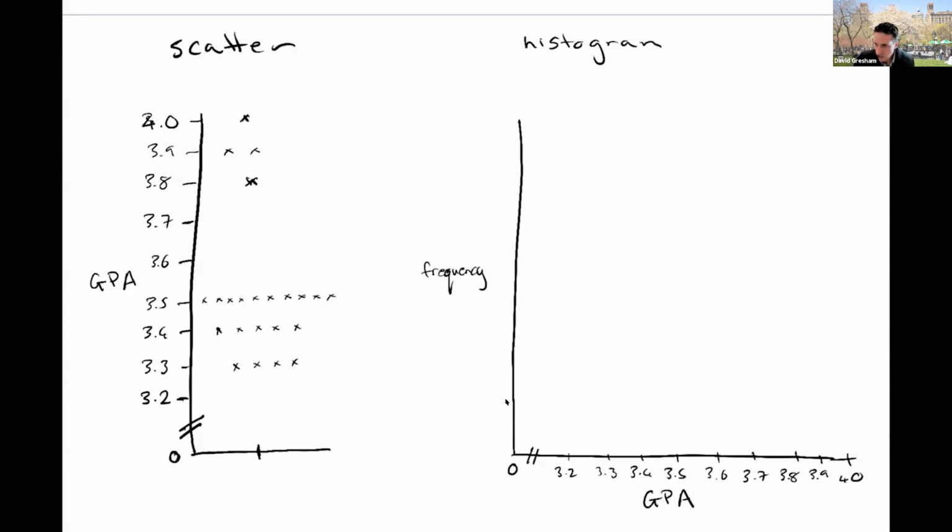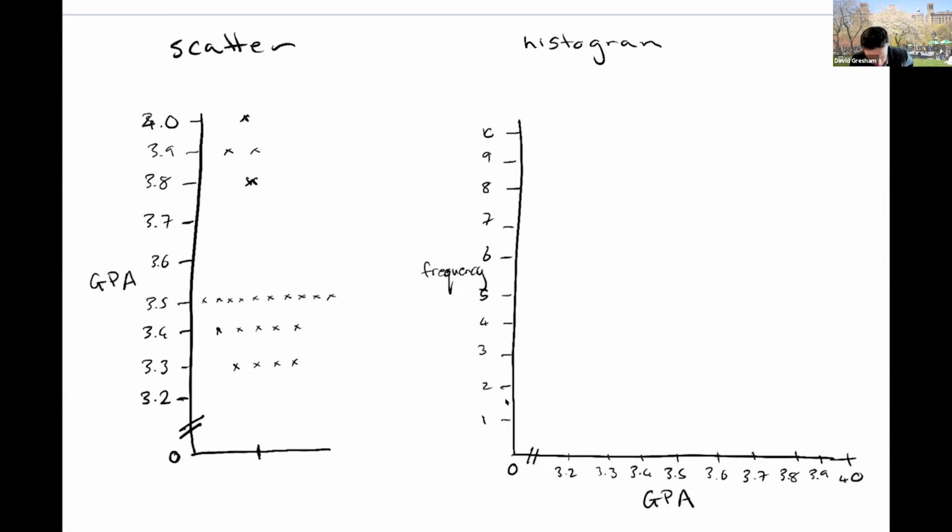We want the range of our frequency axis to reflect the range of the data, so we're going to go up to a value of 10 in this case. So we need to put 10 breaks here, 1, 2. And now we're going to plot, for each class, each numerical value of the GPA, the number of individuals.